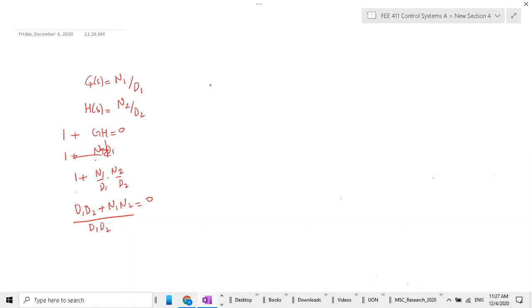And if we are finding a closed loop, so for closed loop, we'll have G over 1 plus GH.